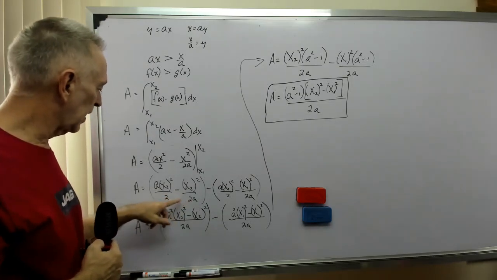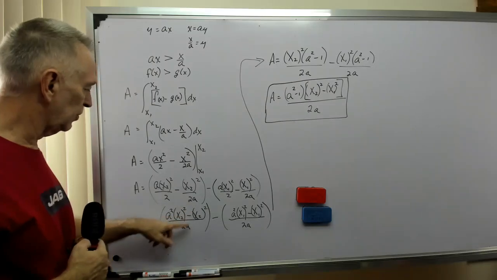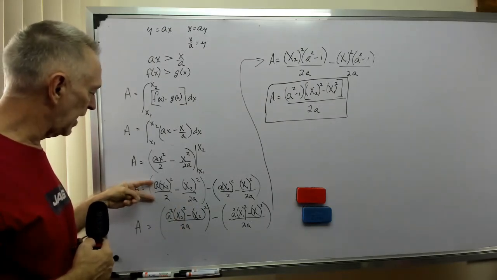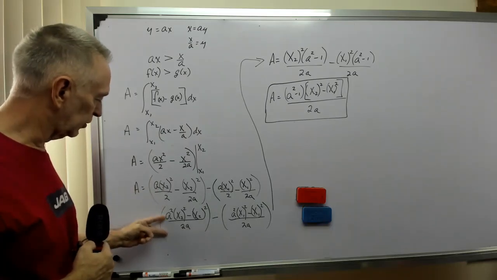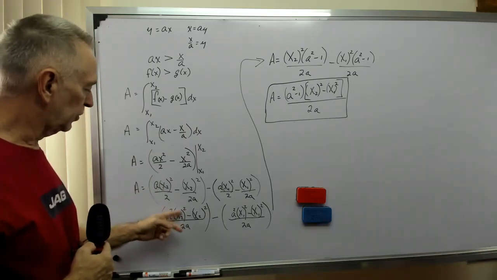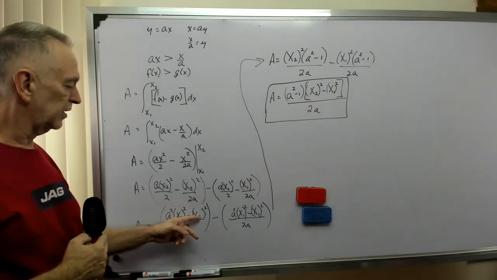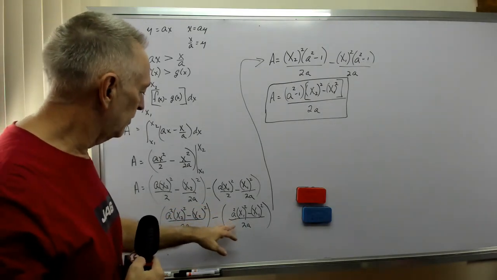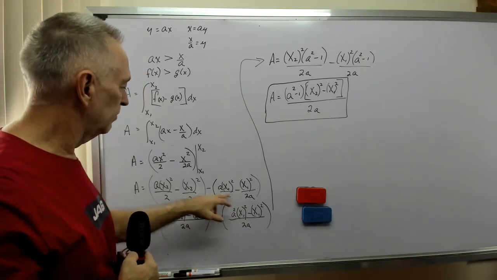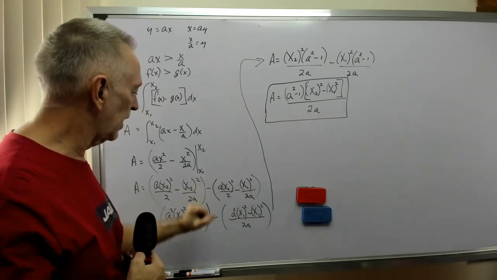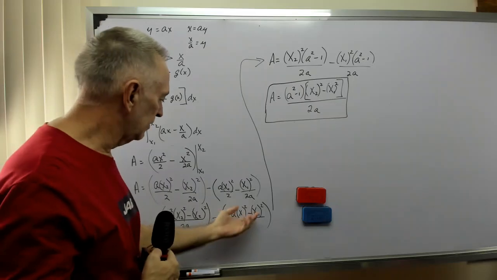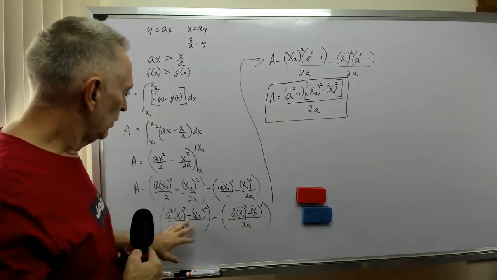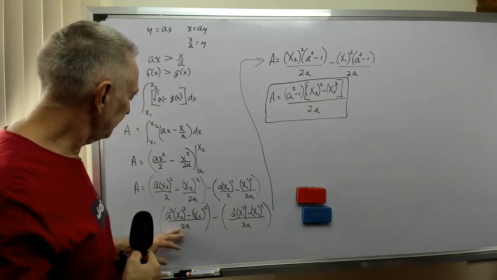I'll let 2a be my common denominator, so I multiply this by a over a and I get a squared x sub 2 squared over 2a minus x sub 2 squared over 2a. Then I do the same for the other side, multiplying by a over a, so I can put those two together under a common denominator. So now I'm left with this.